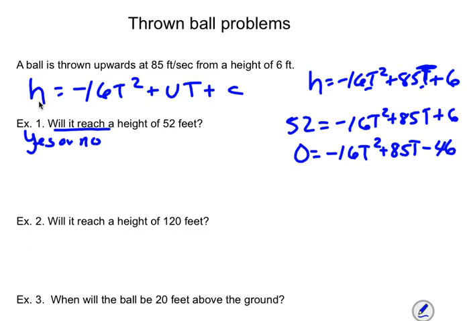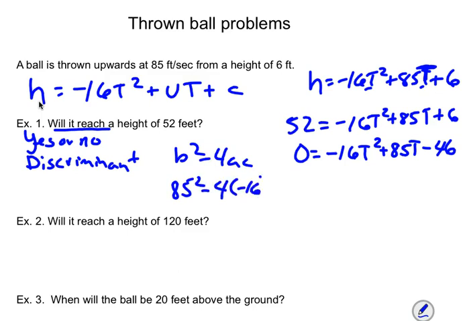I just need to find the discriminant when I need a yes or a no. That's going to tell me how many solutions there are. So b squared minus 4ac would be 85 squared minus 4 times negative 16 times negative 46. So go ahead and plug that in a calculator and see what you come up with.